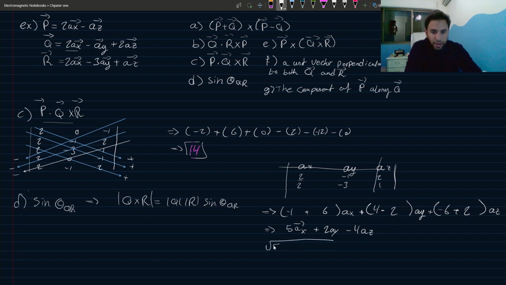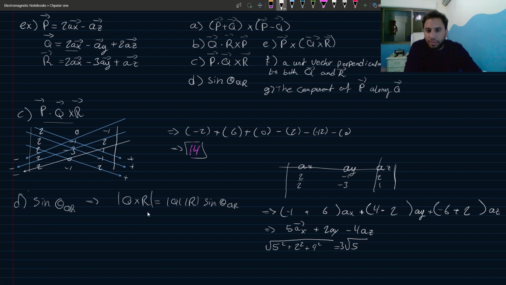We say 5 squared plus 2 squared plus 4 squared, which gives us the square root of 3 multiplied by the square root of 5.